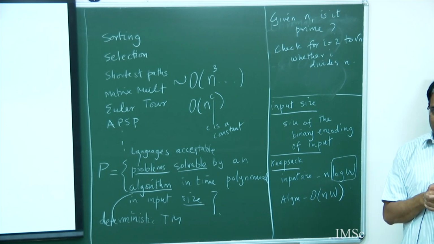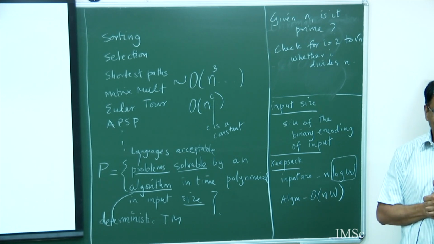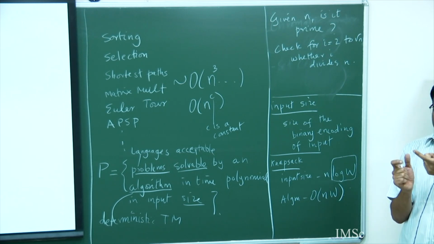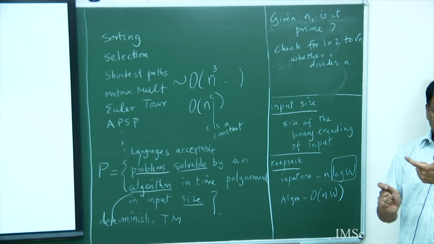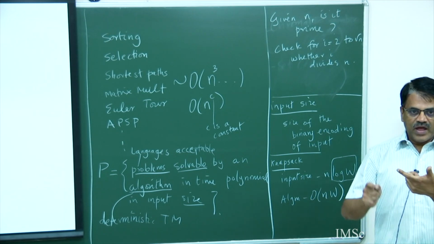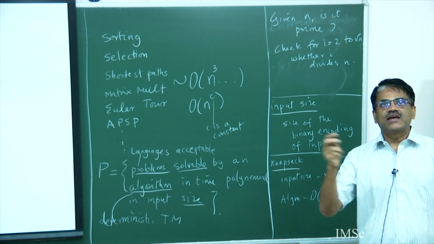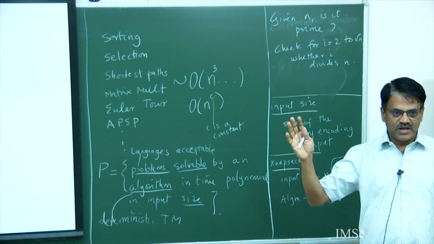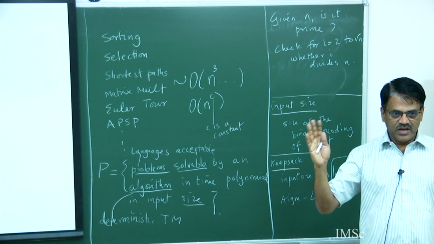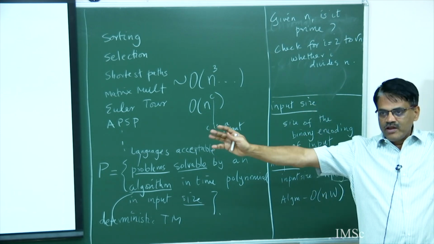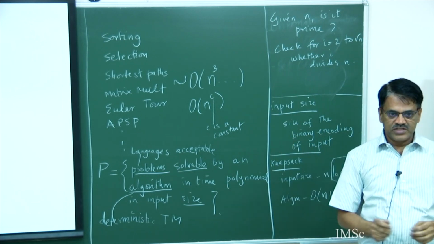Why not? What is the input size? Log n, right? Because binary encoding of n will take you log n. So, a polynomial algorithm, when I am demanding, I expect it to be polynomial in log n, and then this is reasonable, because let us say I am talking about a 200 digit number and I want an efficient algorithm to be polynomial in 200, not the value of the number, then that may not be an efficient algorithm.